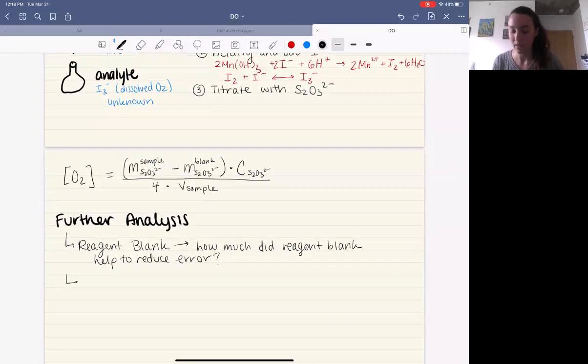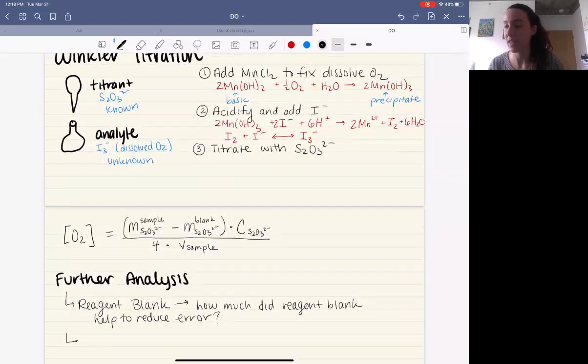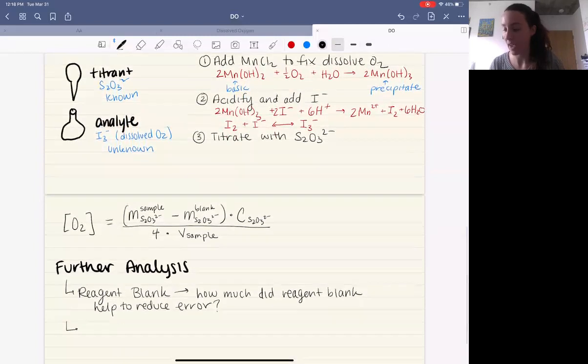Okay, another thing, there's a formula in the protocol that helps account for any dissolved oxygen that was already present in your reagents, like in the titrant, in the manganese chloride, in the acid solution.